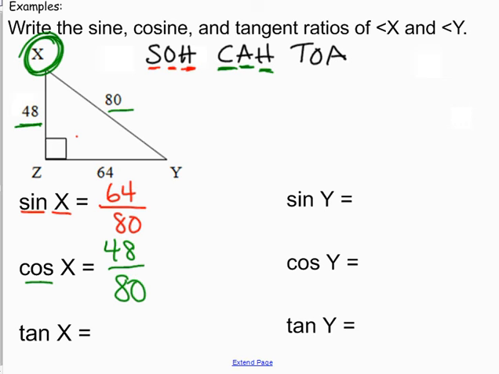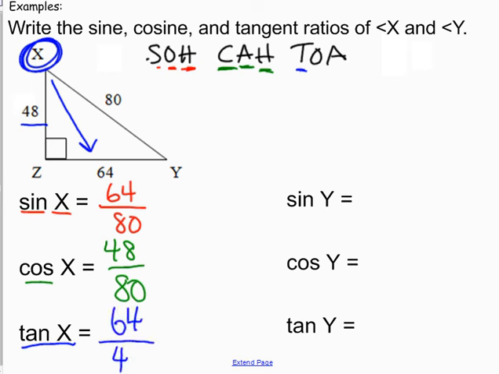Then we go to the tangent. The tangent of x is going to be the opposite side over the adjacent side. So the opposite side is 64 and the adjacent side is 48.